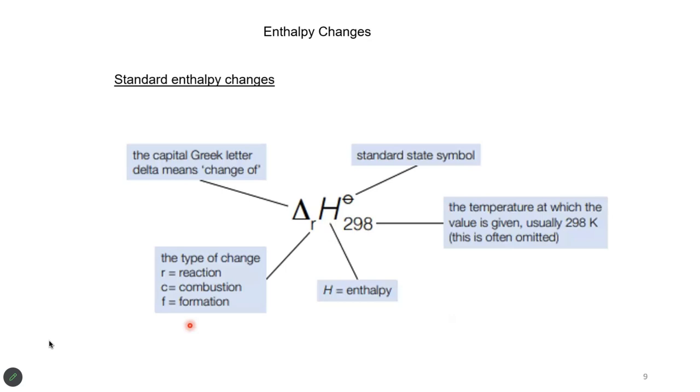Okay, with temperature and other conditions we can also change the enthalpy, so we must talk about standard enthalpy changes. So what are standard enthalpy changes? Enthalpy change is shown by delta H. This symbol shows the standard state.